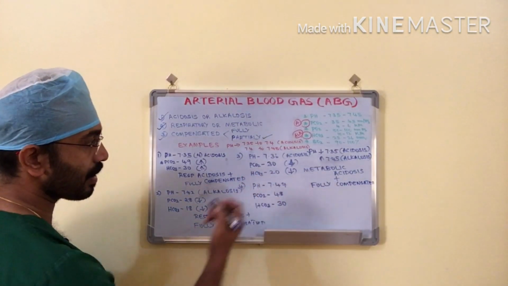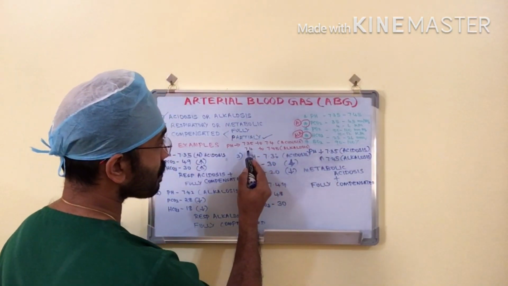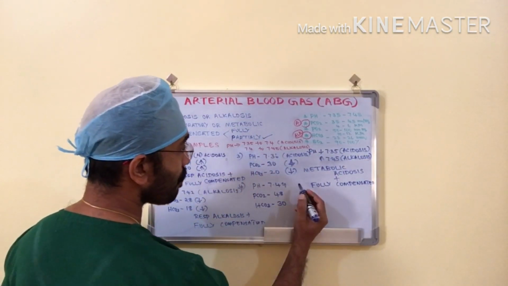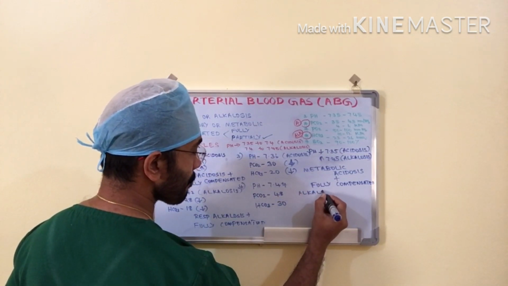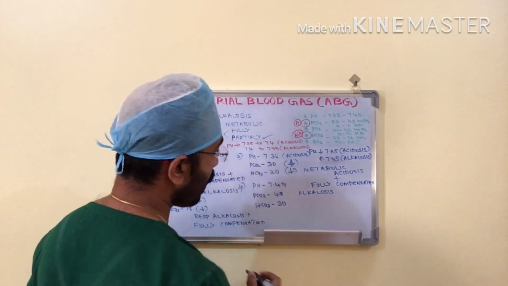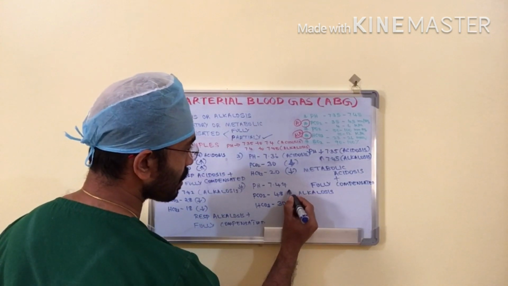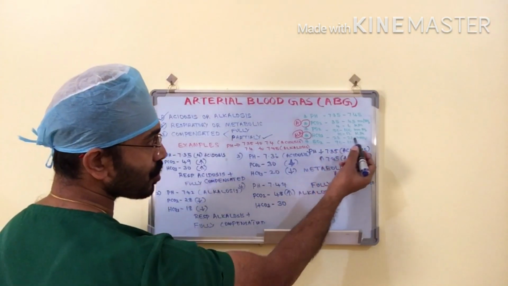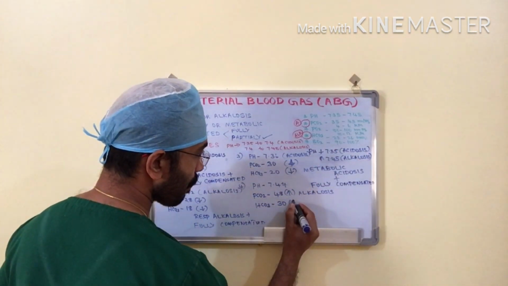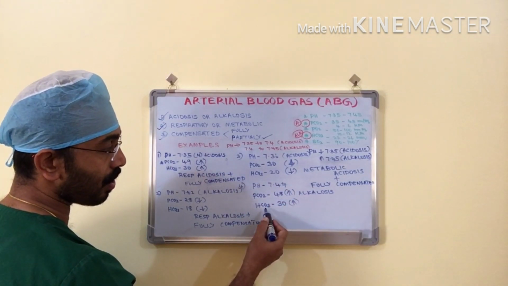The last example, the pH is 7.44. From 7.4 to 7.45 it is alkalosis. And the PCO2 is 48, 35 to 45 is normal, it is high. The bicarb is 30, 22 to 26 is normal, it is also high. So how did the alkalosis happen? Because the bicarb is an alkaline.